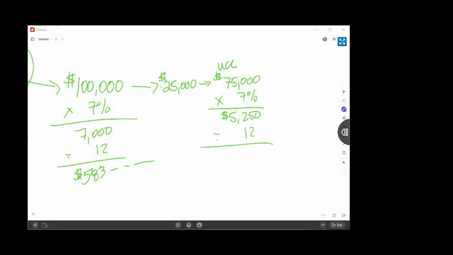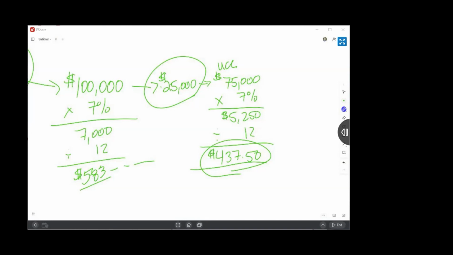This is going to end up being $437.50, somewhere around in there. Because you received this capital back, you had a capital event. Now instead of receiving $583 every month, it's going to be down to $437.50 every single month. That's the unreturned capital contribution, and that's how these are actually calculated.